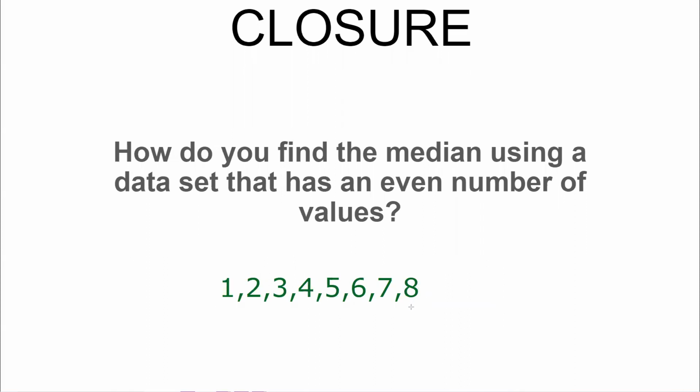And so I'm going to count 1 lower, 2 lower, 3 lower, 4 lower, and it's going to be somewhere right there. So the question is, how do you find that median? So if you weren't able to find it, or you were confused on what I was saying, go ahead and pause and finish up your thought process.